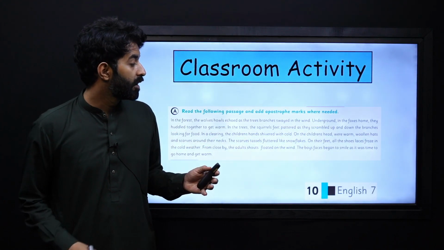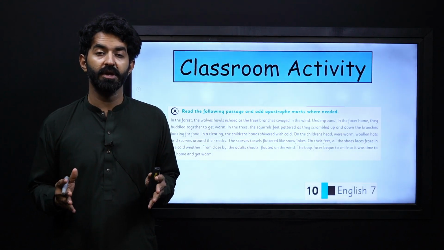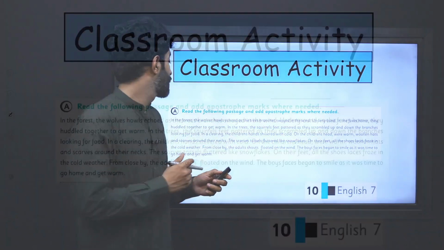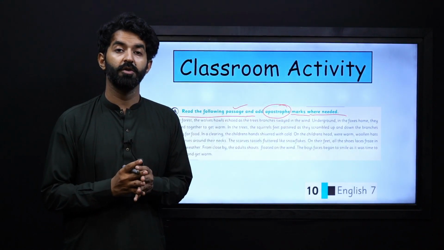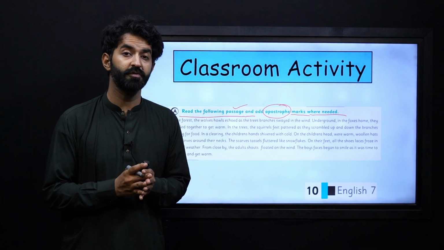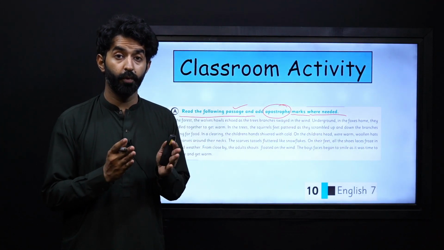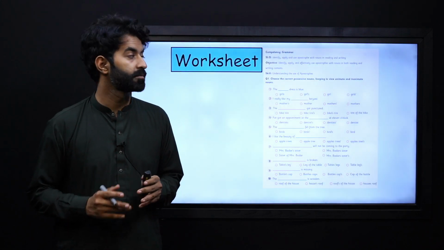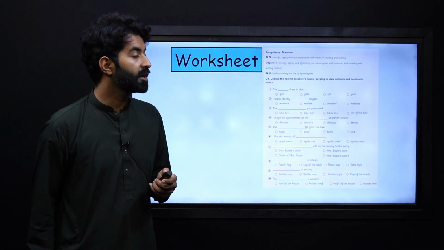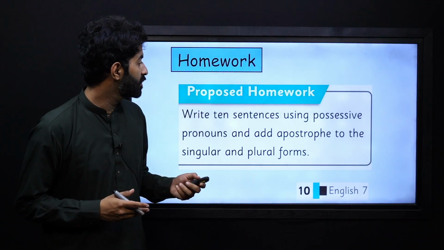Now, let's talk about the classroom activity that we will do. We have a question. Read the following passage and add apostrophe marks where needed. Now that you know how you can use apostrophe for possession, both for singular and plural nouns, here's your worksheet and also your homework.